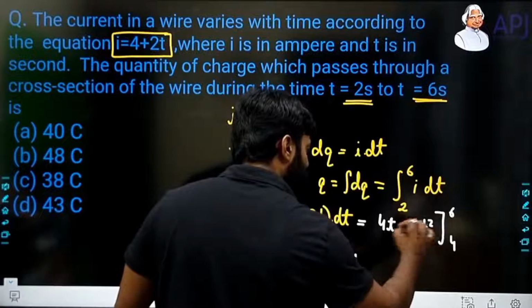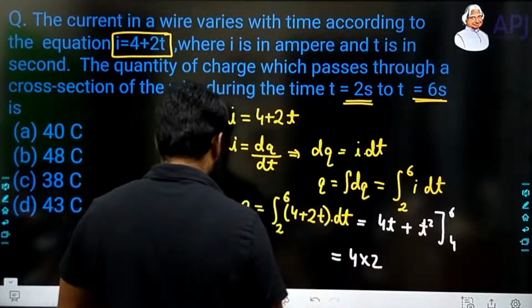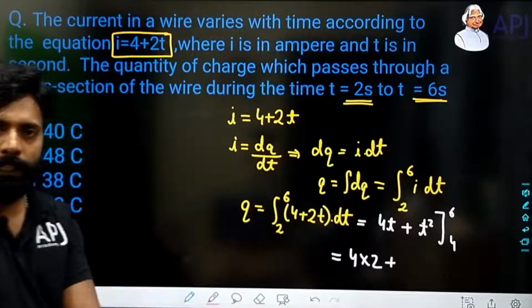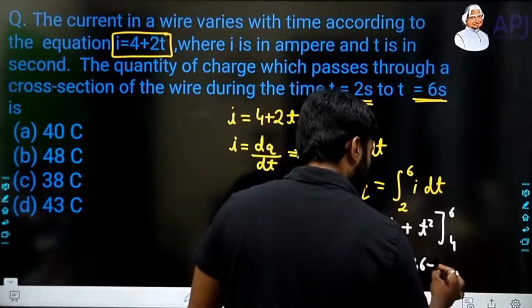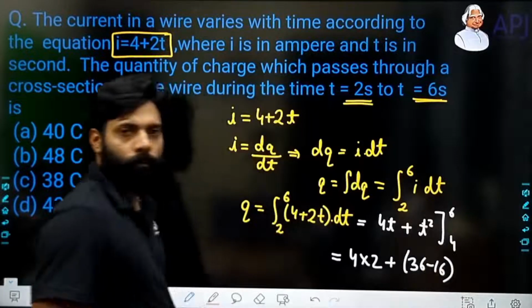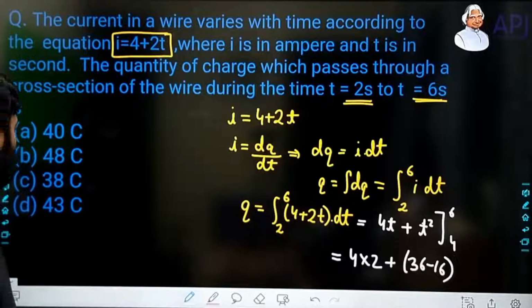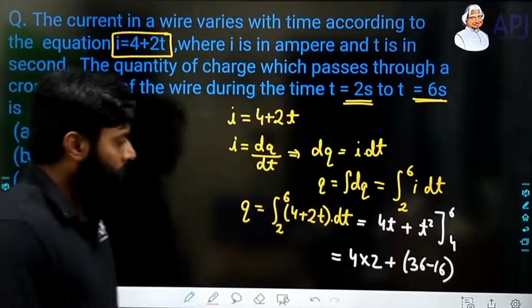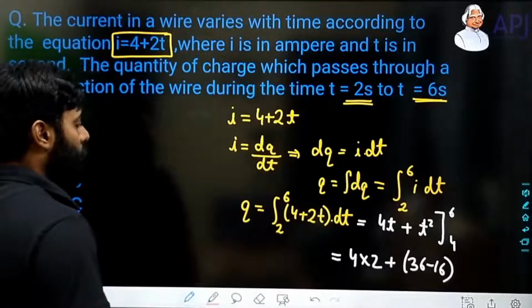So 6 minus 4, I can write this as 2. 36 minus 16, you will be getting 20. So हो गया बस. 4 fours are 16, 6 sixes are 36. 6 minus 4, 2. So 8 or 20.